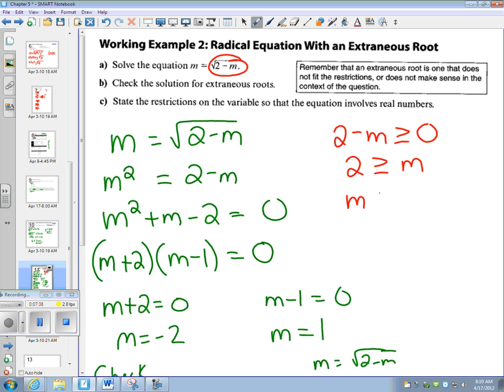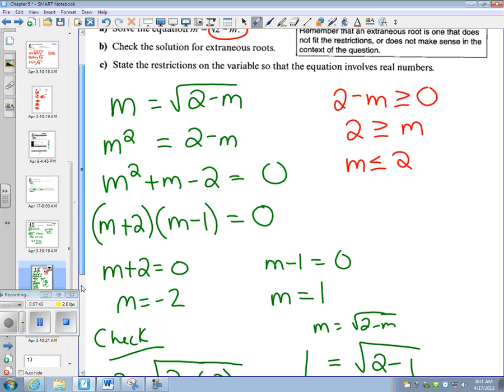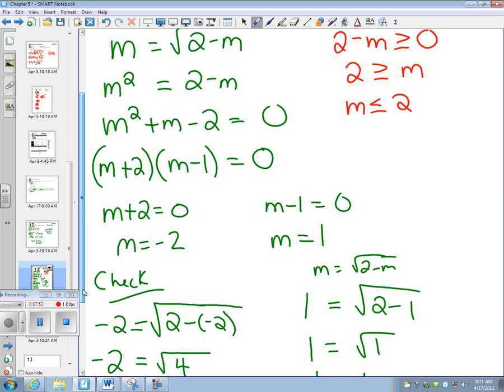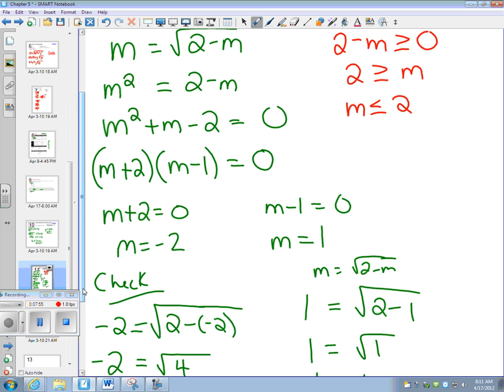So m is less than or equal to 2. Is that right? Yeah. So looking at our equations, m must be less than or equal to 2. Both of the roots actually fulfilled that. And then we just double check that the one that we actually said was right also fulfills that. So we're okay.